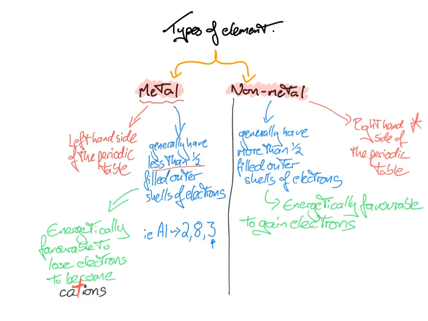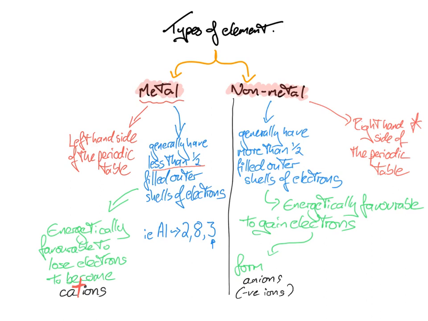Now, there are two ways we can gain electrons as non-metals. They can form, let's just change pen here because I did last time, they can form anions, which are negative ions.